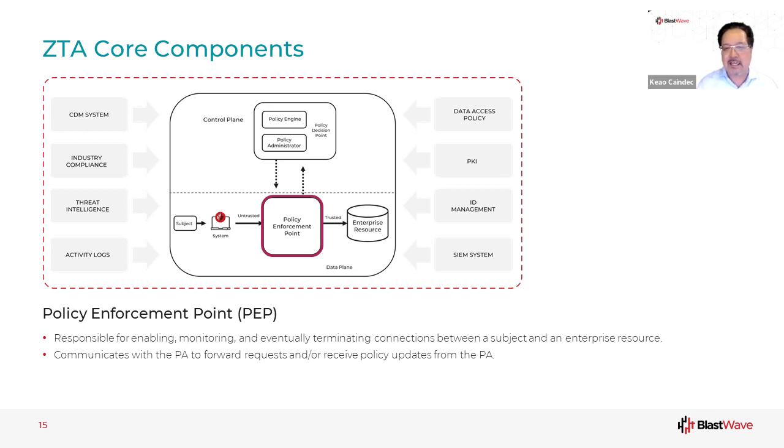And ideally, the device itself is the only thing that can attest to its own identity. So the policy enforcement point, or PEP, is super important, and it's either going to be in the form of a gateway fronting a device, or it's going to be software on a device itself.